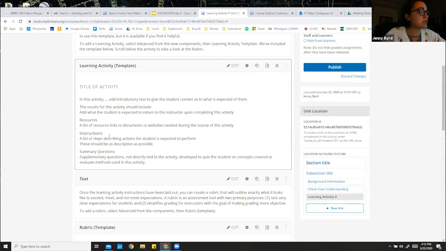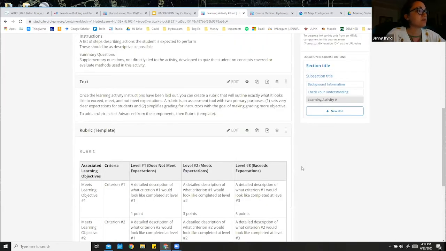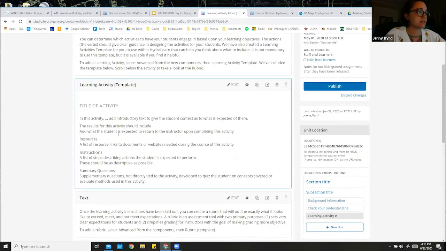Within this activity, you can always break it up by embedding videos or images or anything like that, like you've seen in our examples from earlier in the day. So before I move away from learning activities, this template specifically, does anyone have any questions?